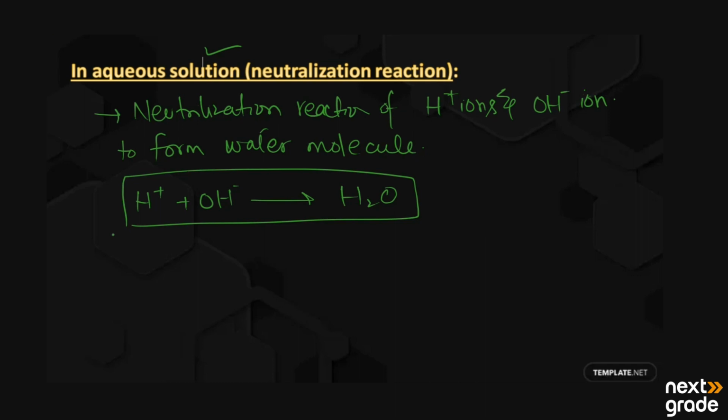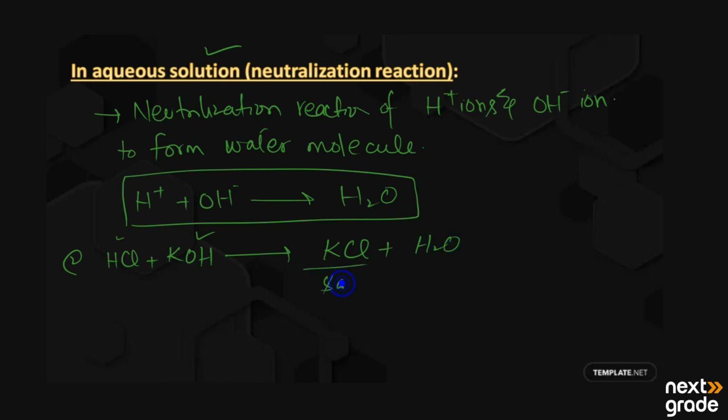So in an aqueous solution, when we add an acid to a base, here we have NaOH, and we can also have potassium hydroxide. This is the second example. We can change the base, and we can take the same acid, HCl. The products will always be a salt and water. Here we get the salt potassium chloride, and the other product is water.